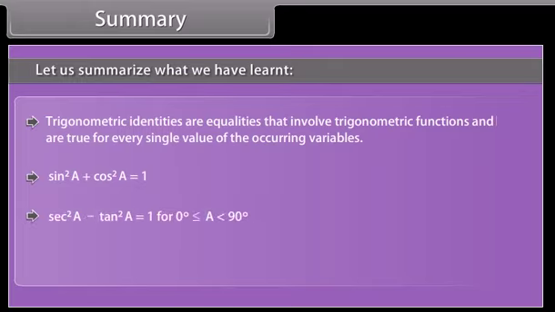Sec square A minus tan square A is equal to 1, for 0 degree is smaller than or equal to A, which is smaller than 90 degree. Cosec square A is equal to 1 plus cot square A, for 0 degree is smaller than A, which is smaller than or equal to 90 degree.